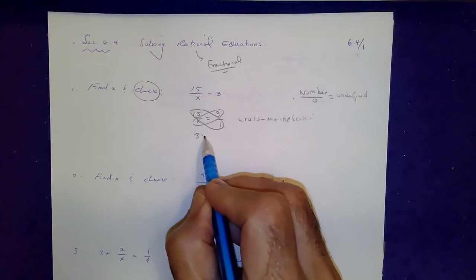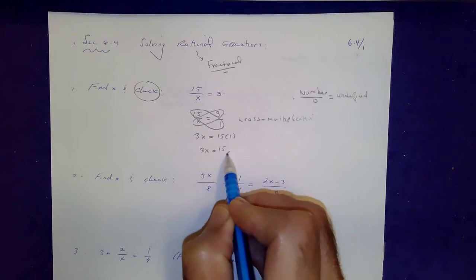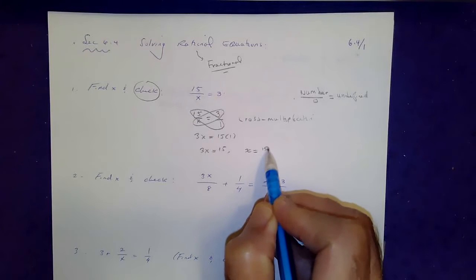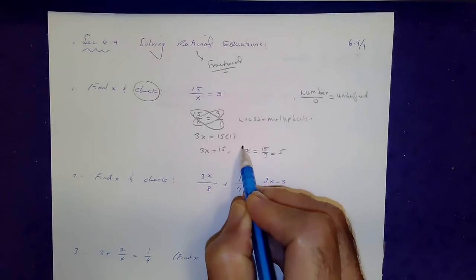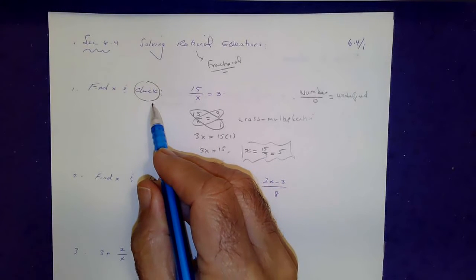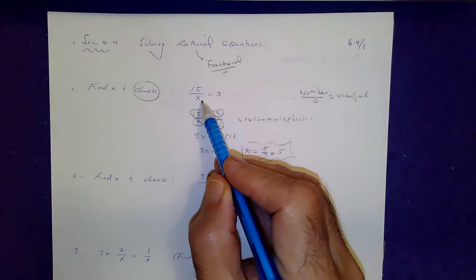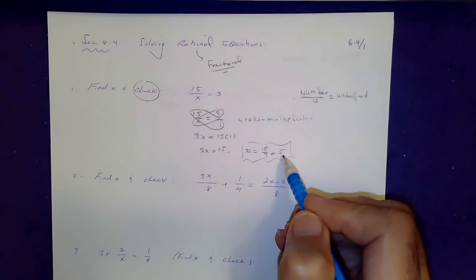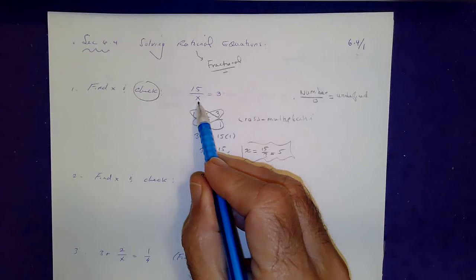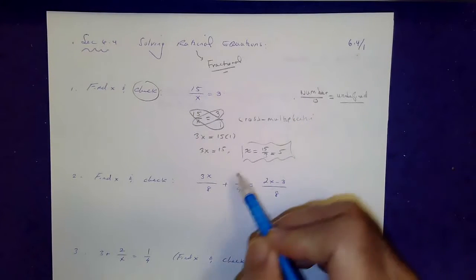So this is kind of like 3x is equal to 15 times 1. 3x is equal to 15, x is equal to 15 over 3, which is 5. Question, what do you mean by check? In these kinds of problems, because there is an x at the bottom, you want to make sure the answer does not make the bottom 0, because if you divide a number by 0, you get undefined.